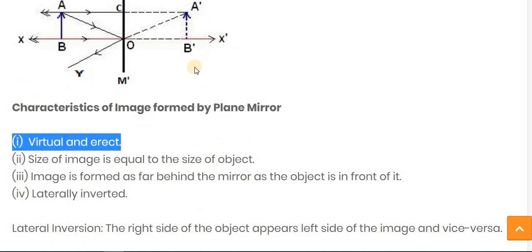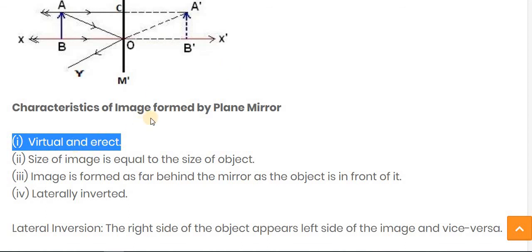The first characteristic, as you can see in the figure, is that the image is virtual and erect. Virtual means we cannot get it on the screen, and the rays do not actually meet at one point. It appears, or we feel, that they meet at this point.